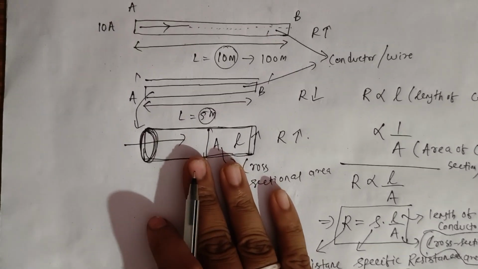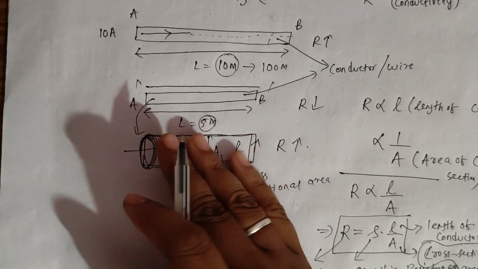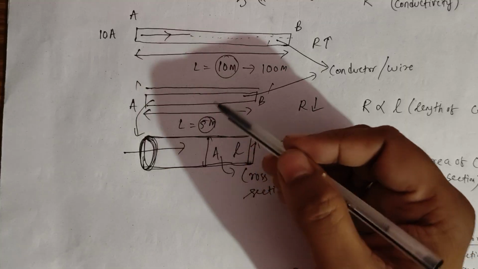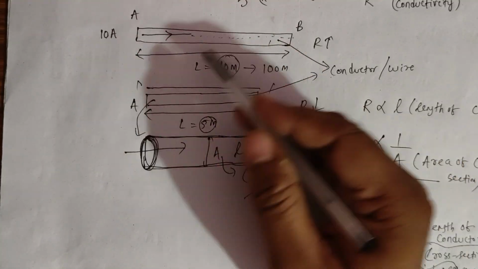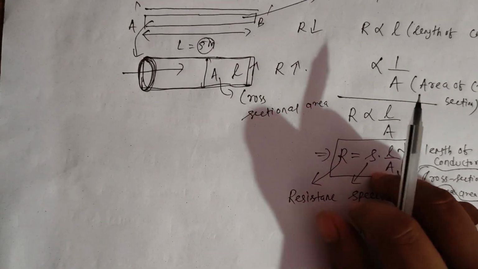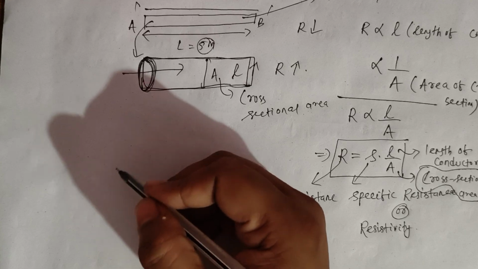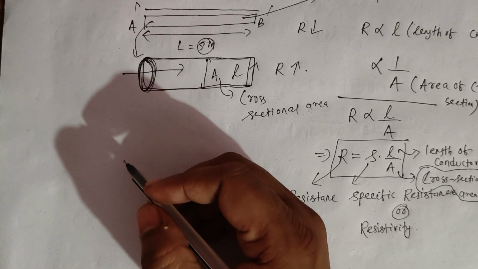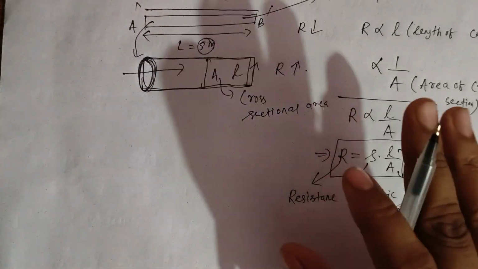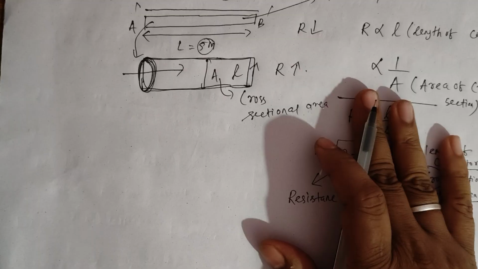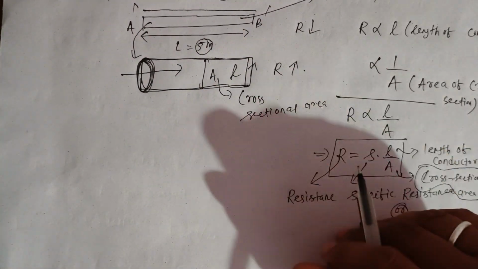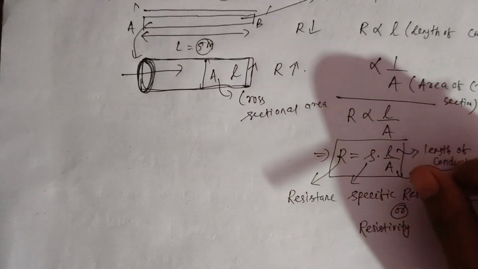But this example is for a solid conductor. So we can easily take this relationship for electrolytic solutions. There are different kinds of conductors. This is a metallic conductor, but conductors are mainly divided into two types: metallic or electronic conductors, and electrolytic conductors, or electrolytes.